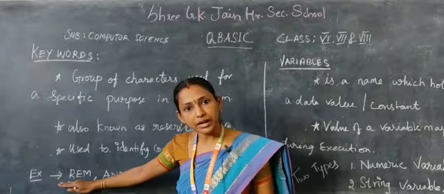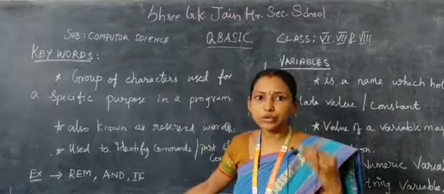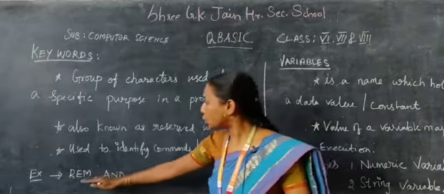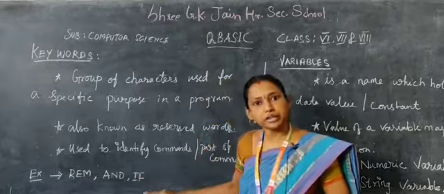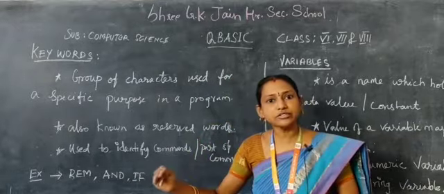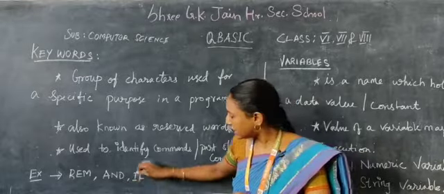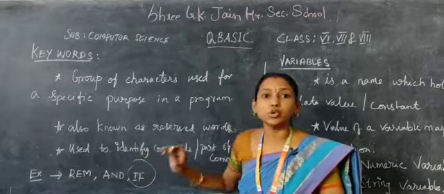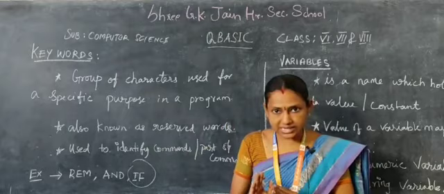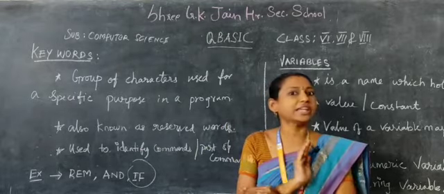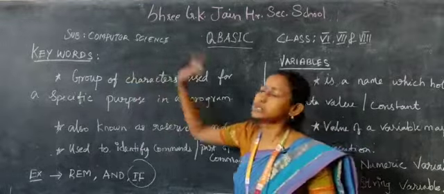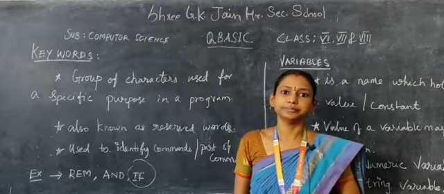This is already defined in the QBasic set itself. So REM and IF are reserved words only for that purpose. If you are using IF, it will be used only for checking the condition. We cannot use it for any other purpose. That is known as keywords.